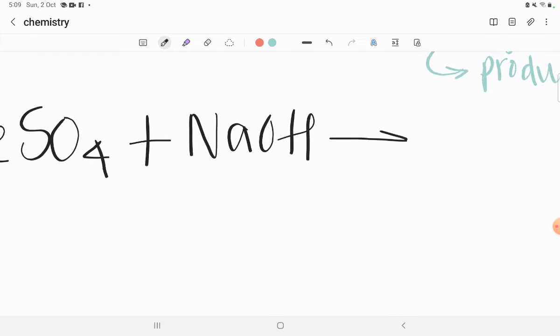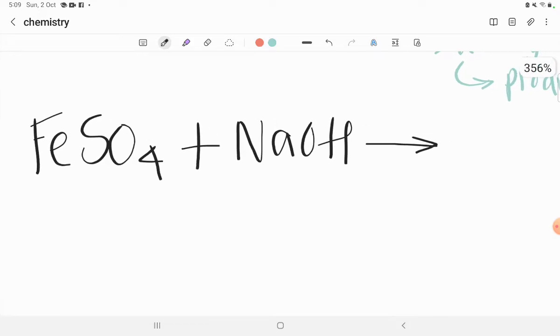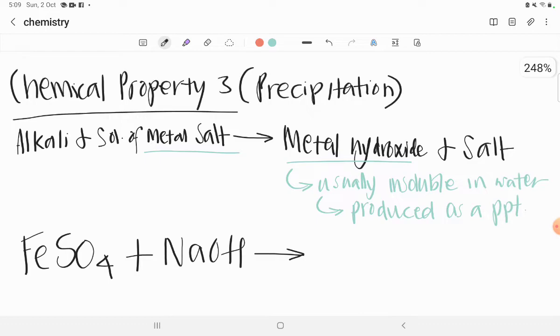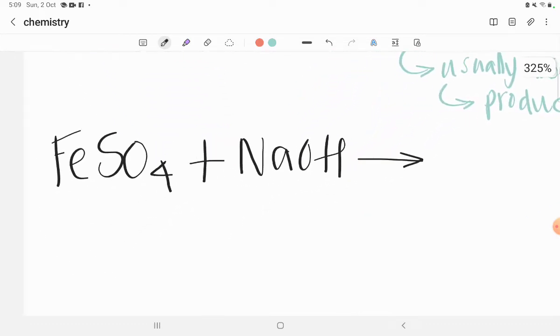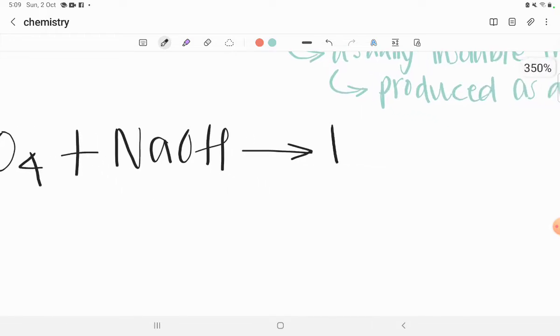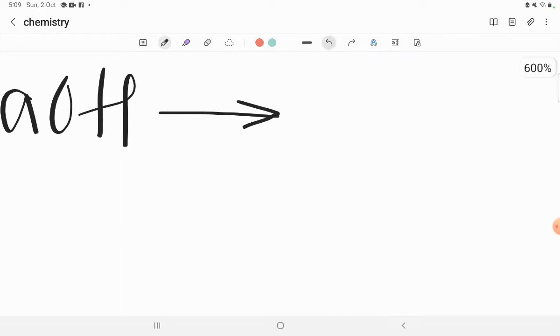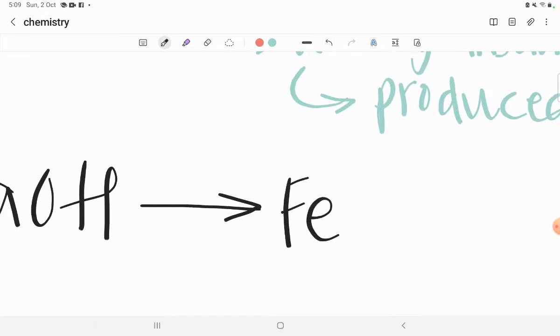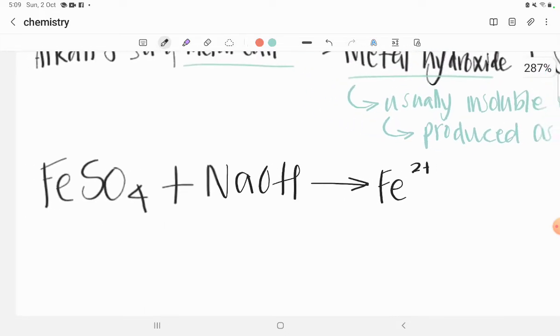What do we get? We get metal hydroxide, so it's obviously going to be a metal, either Fe or Na. Let's just put Fe. So remember this Fe, there's a 2 plus charge.